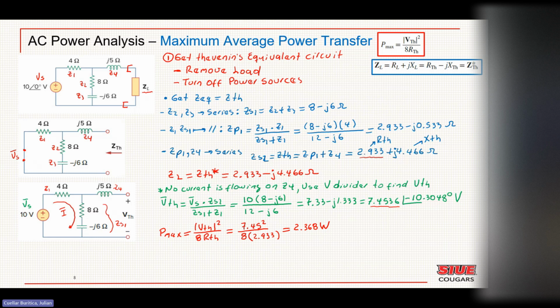And this is what this maximum average power transfer means. So those are the operations that we need to do.